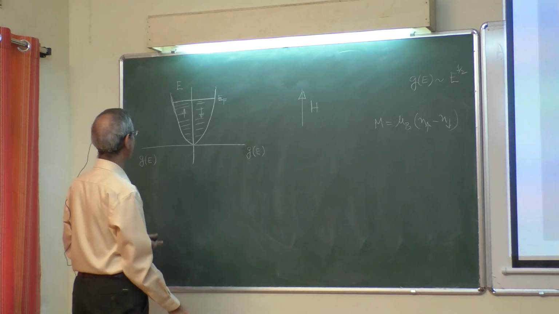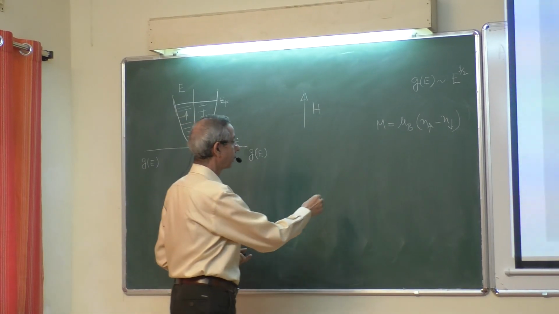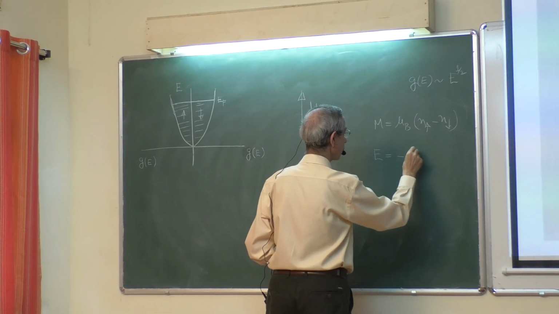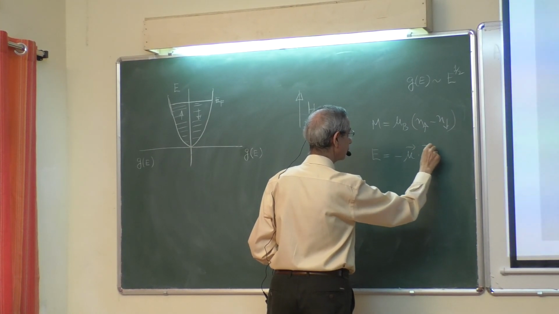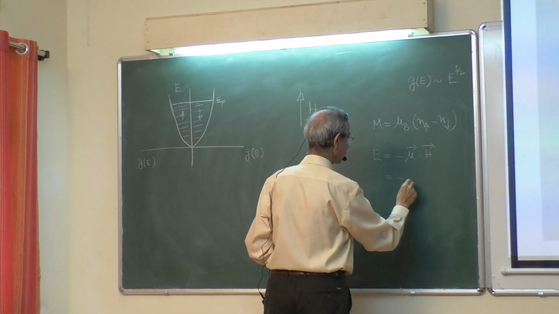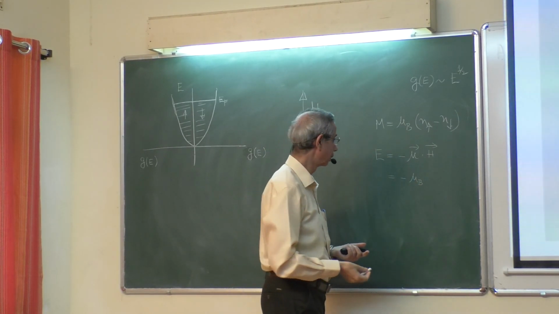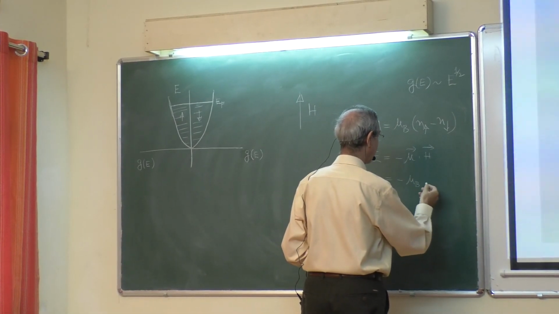Then how will this change? Now you know the energy, as in yesterday's lecture, is minus mu dot B, where mu is nothing but one Bohr magneton for an electron.